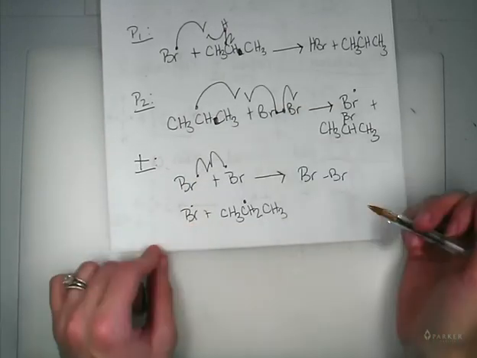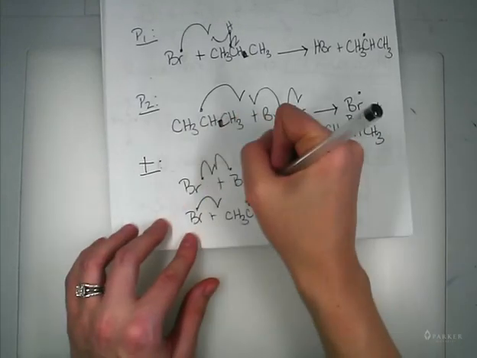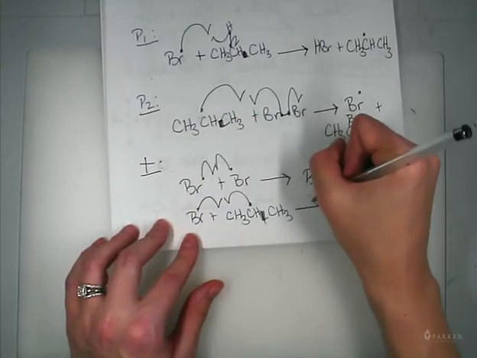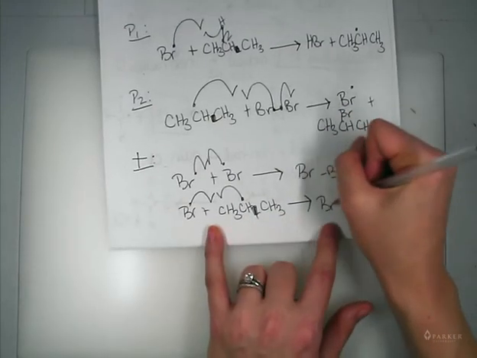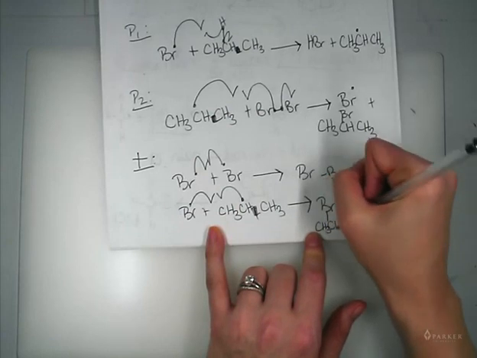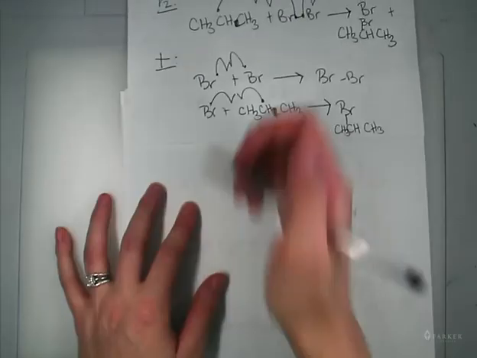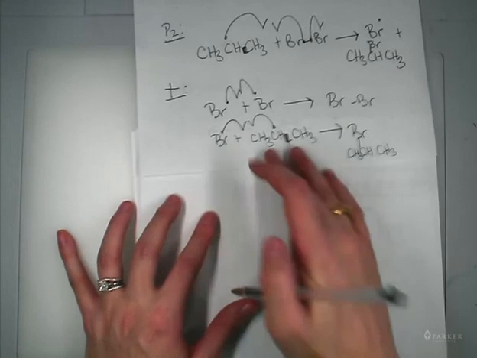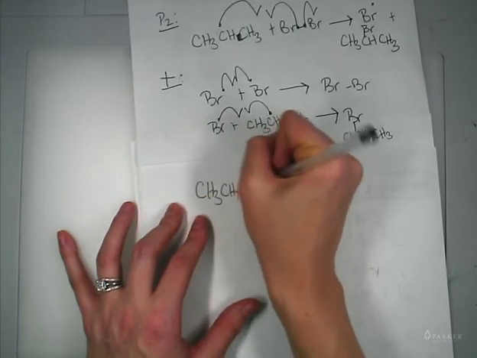Those 2 radicals there. And then I ran out of room. And what was the last choice? Yeah, the 2 propane radicals.